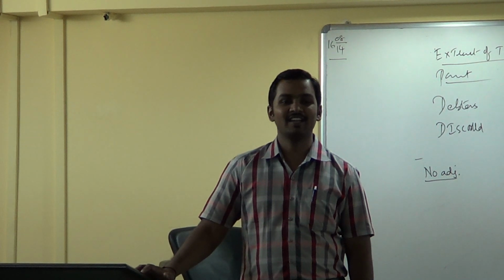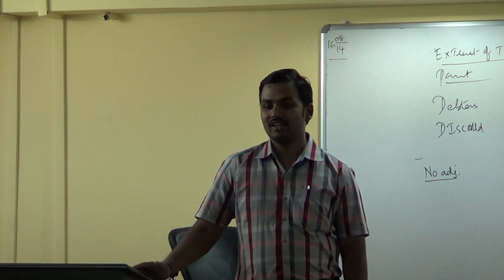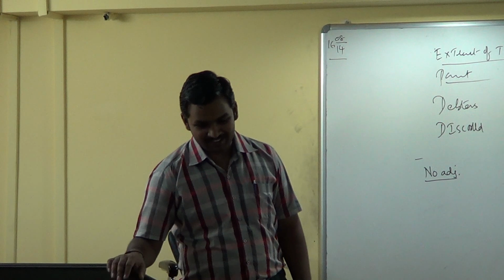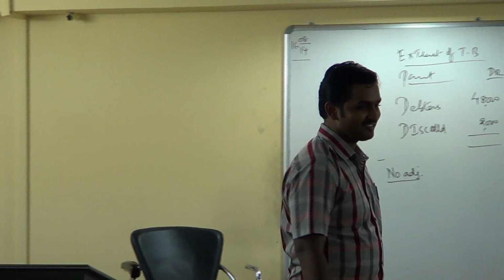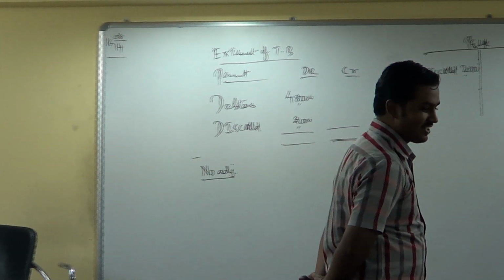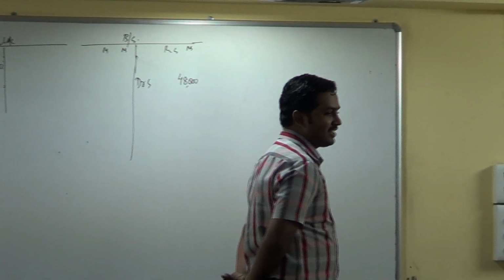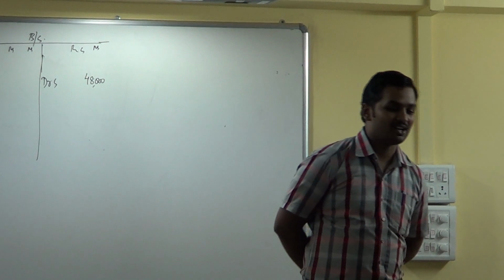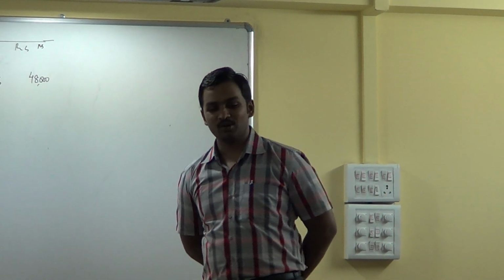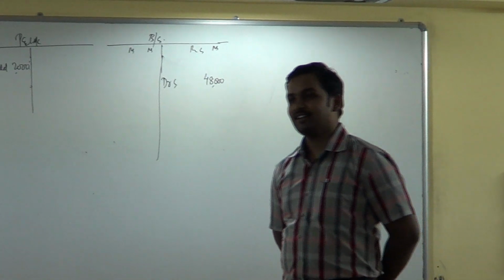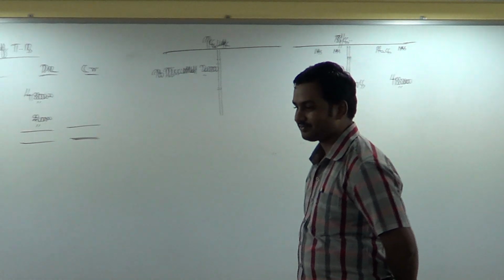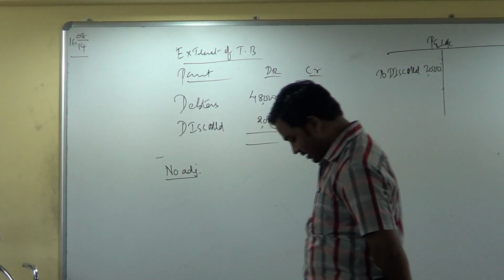Debtors 99,000, debit balance. Discount allowed 1,000. Very good. So ultimately you are now able to grasp. Close the trial balance. No adjustments.